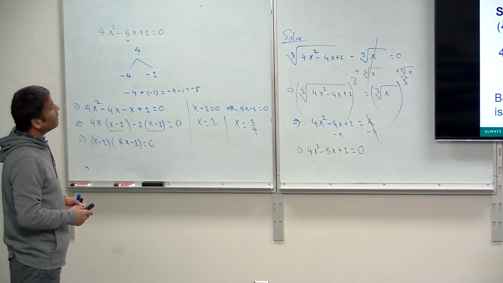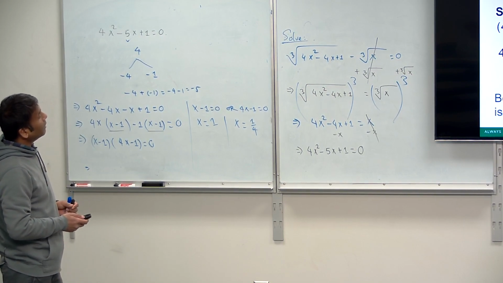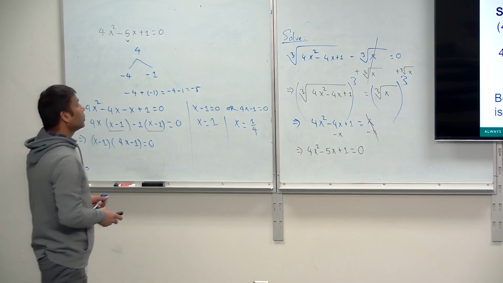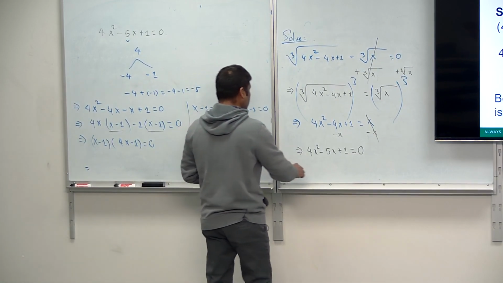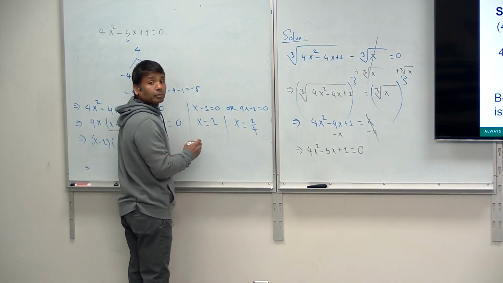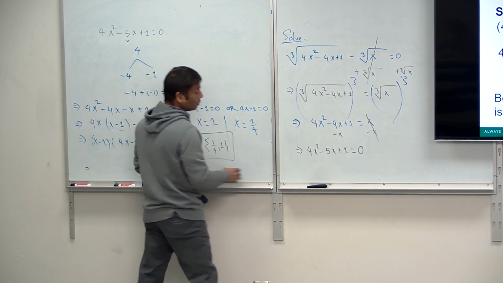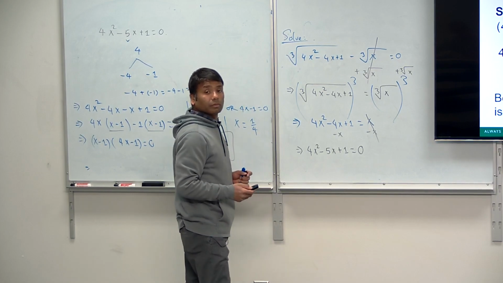Both are valid solutions, okay? So the solution set is 1 over 4, comma, 1. Makes sense?